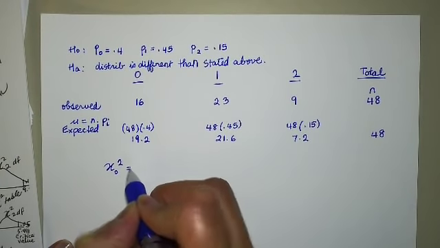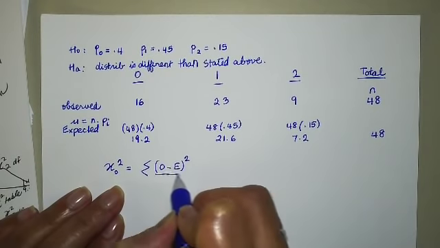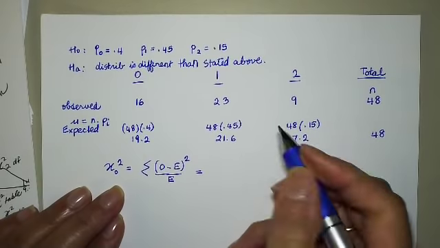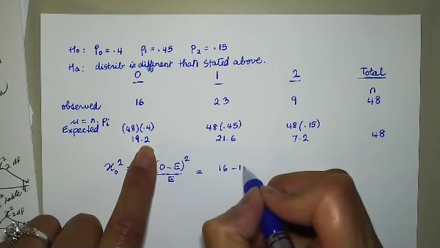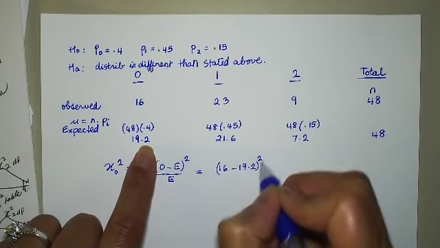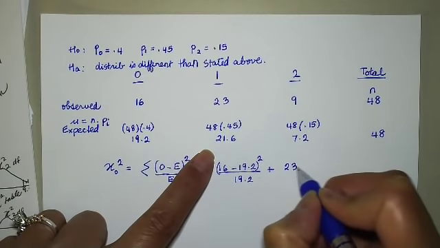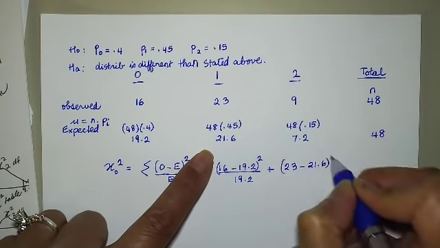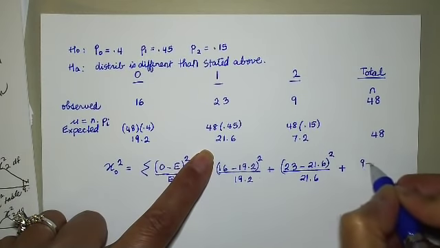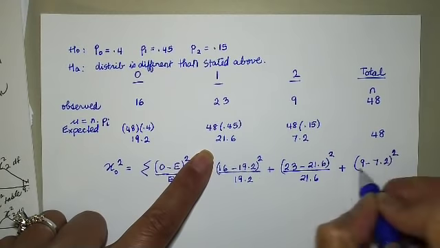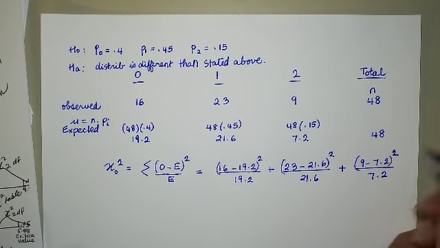So my chi-square test statistic, chi naught squared, is summation of observed minus expected squared over expected. So this is observed, this is expected. So 16 minus 19.2 squared over 19.2, plus 23 minus 21.6 squared over 21.6, plus 9 minus 7.2 squared over 7.2.